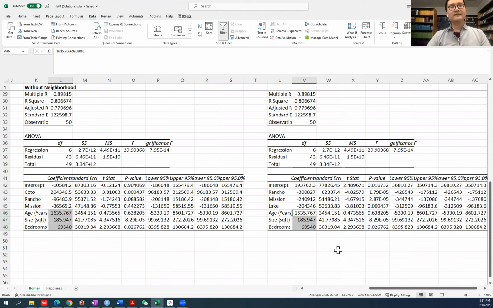That gives us a hint that using a different reference group when building indicators for a categorical variable will change the intercept and the coefficients of the categorical variable, but it won't matter for the coefficients of other variables.